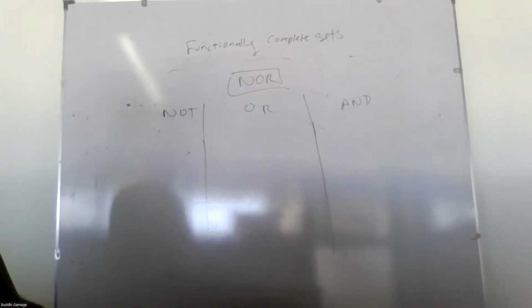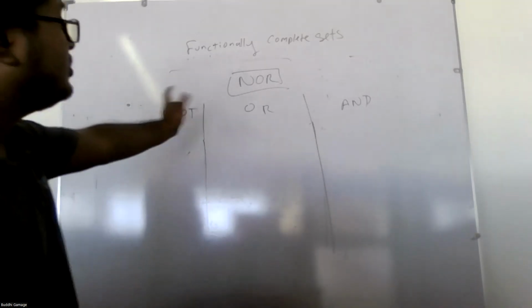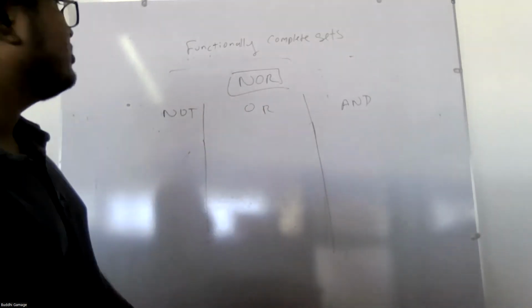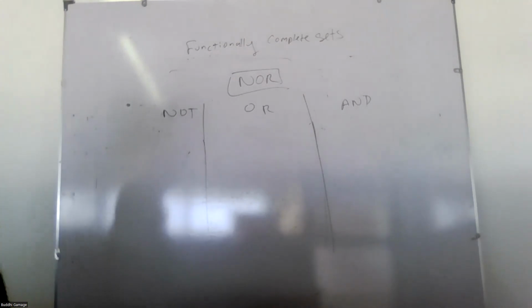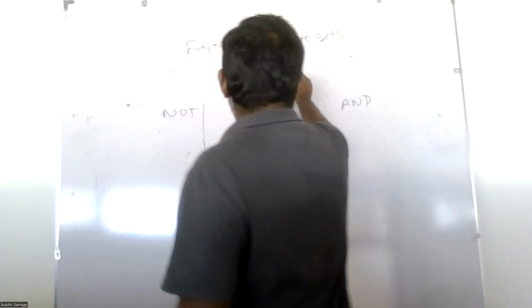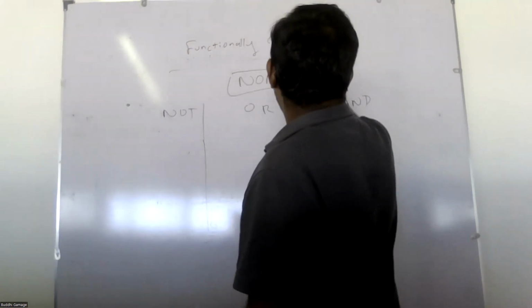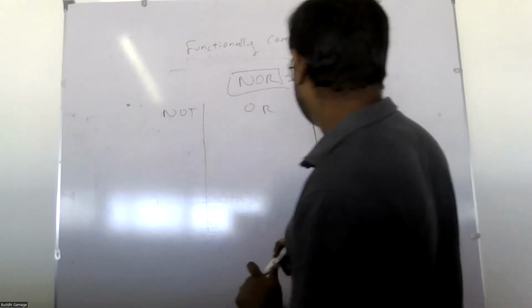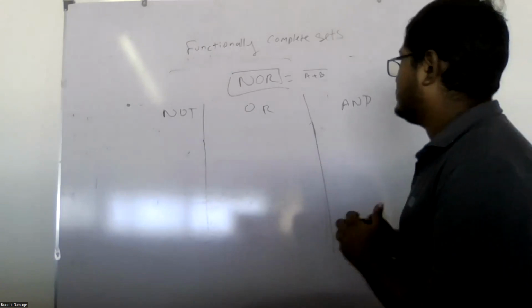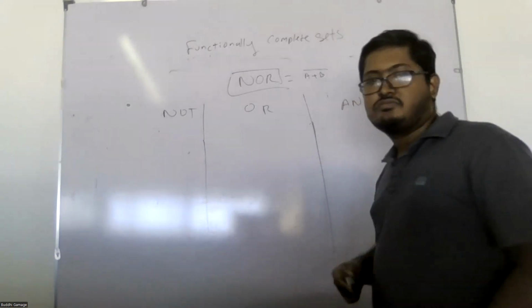So try to derive the not gate, OR gate, and AND gate by using only the NOR gates. So NOR is A or B, not. You can do only this operation.